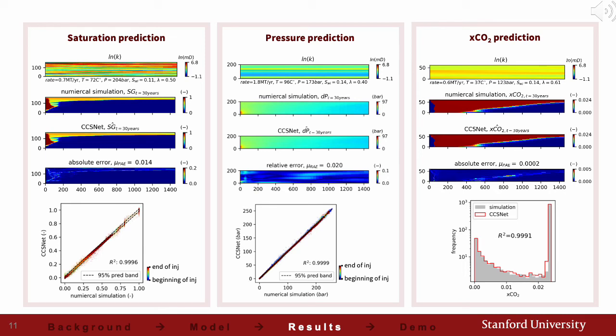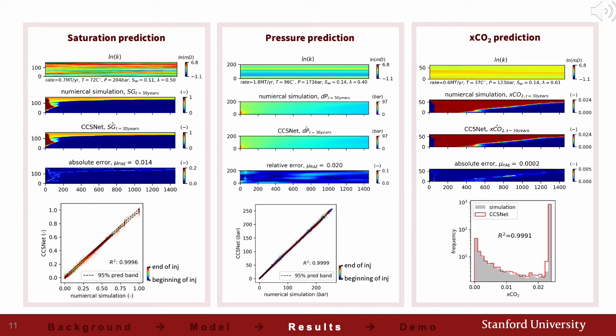The example on the right-hand side is called SCO2. This is the molar fraction of CO2 dissolved in the liquid phase. This prediction is slightly different from the saturation and pressure because they have a binary effect: when the separate-phase CO2 plume touches the reservoir, a portion of the gaseous CO2 will dissolve in the formation fluid, and the dissolution rate depends on pressure and the temperature in the reservoir.